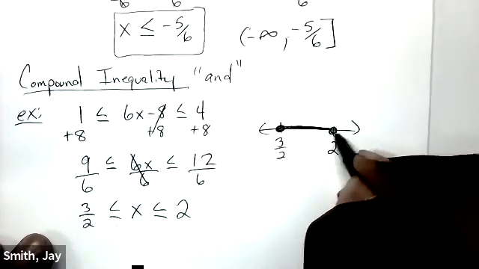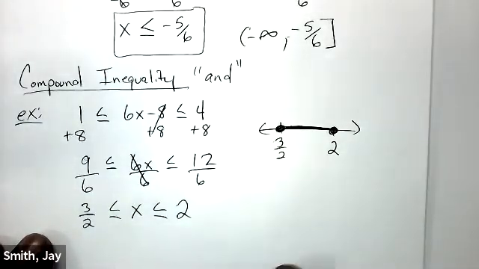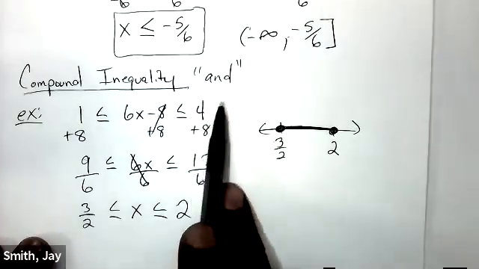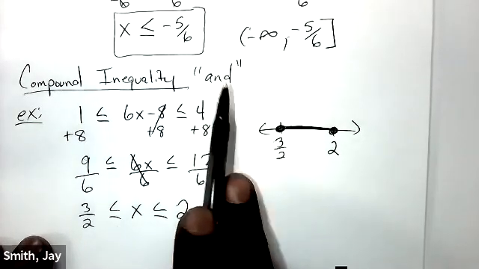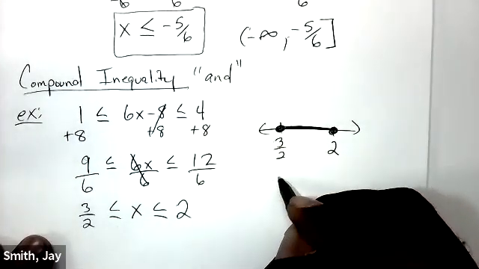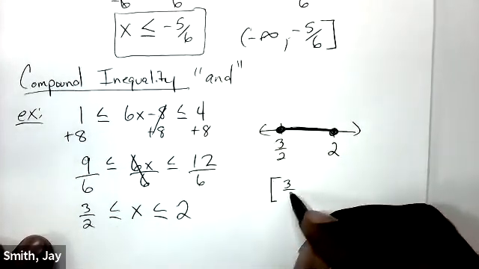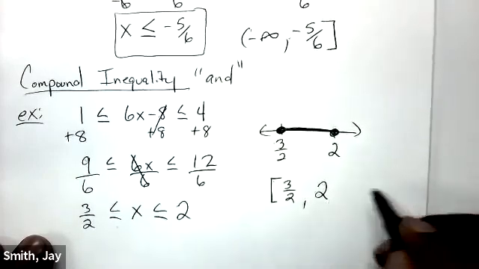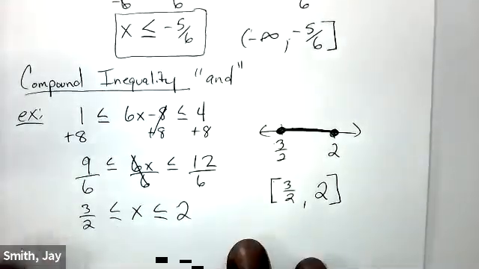On the number line, we'll have closed circles. I always like to remind people that "and" problems are always in between two values. In interval notation, it will be open bracket, 3 halves, comma 2, close bracket.